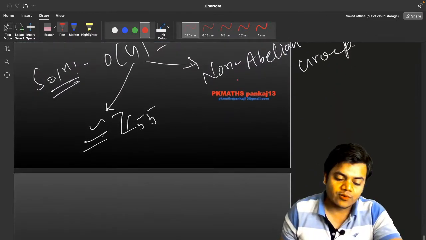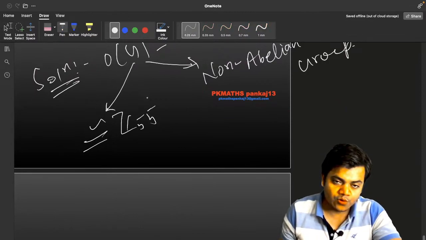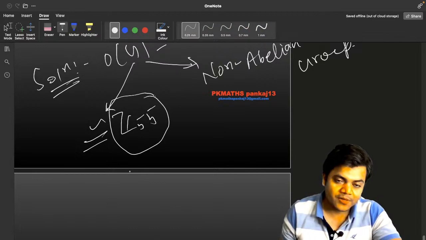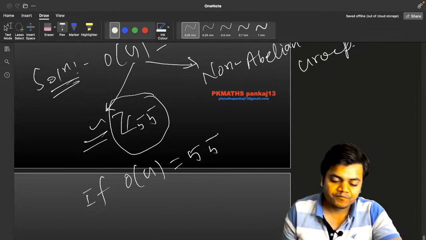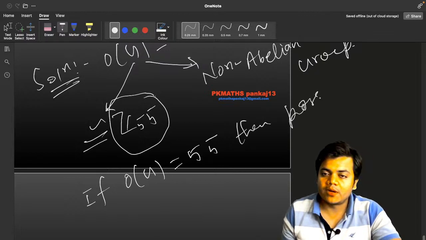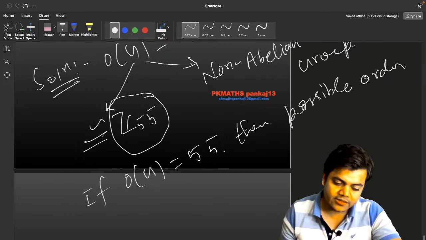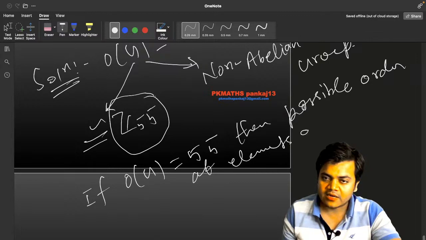So what is going to happen? We have to use that, and that will let you conclude whether your G is isomorphic to this or some non-abelian group. So if the order of G is 55, then the possible orders of elements are certainly 1, 5, 11 and 55.